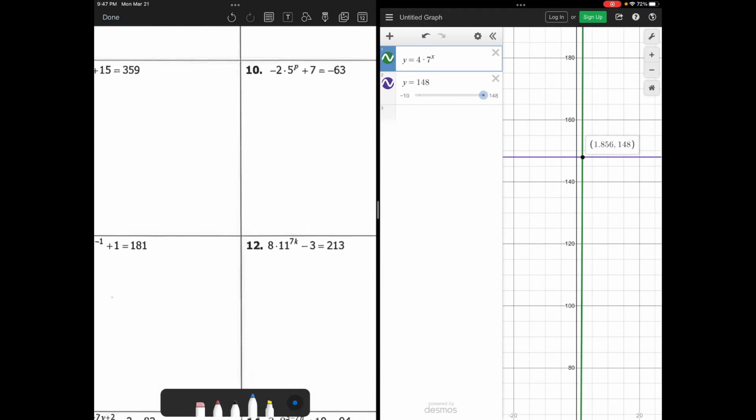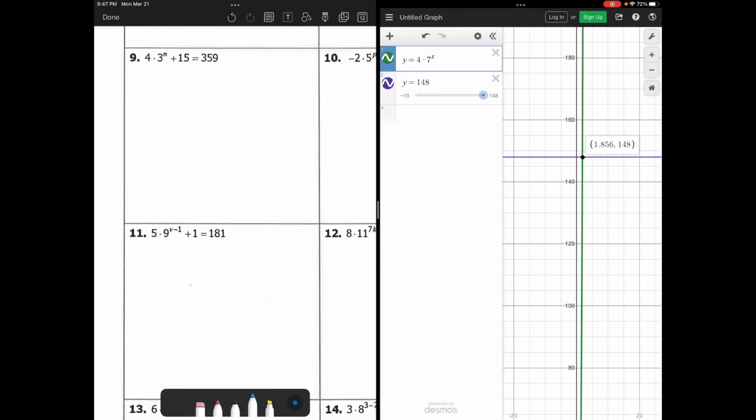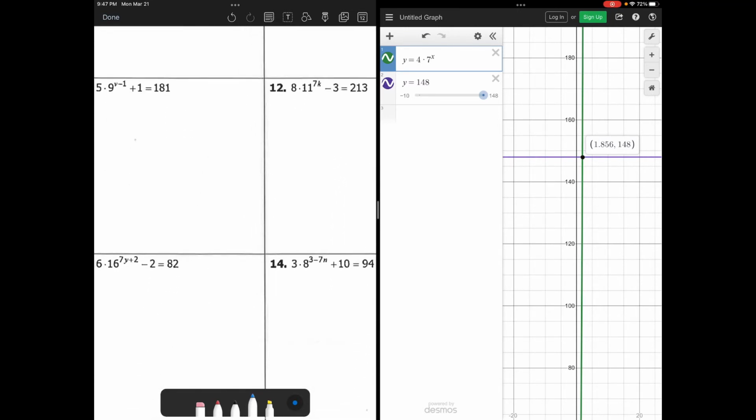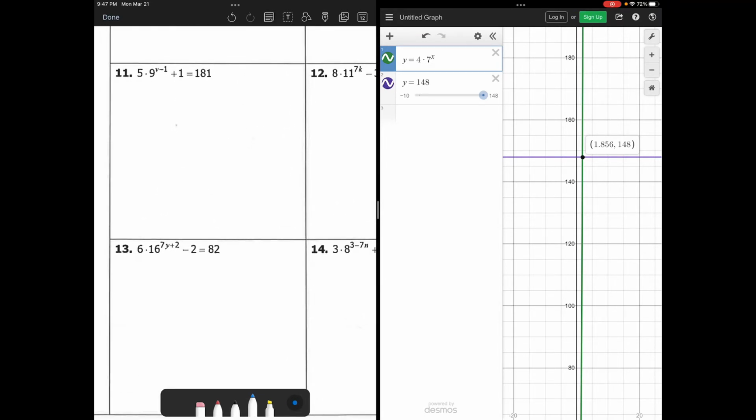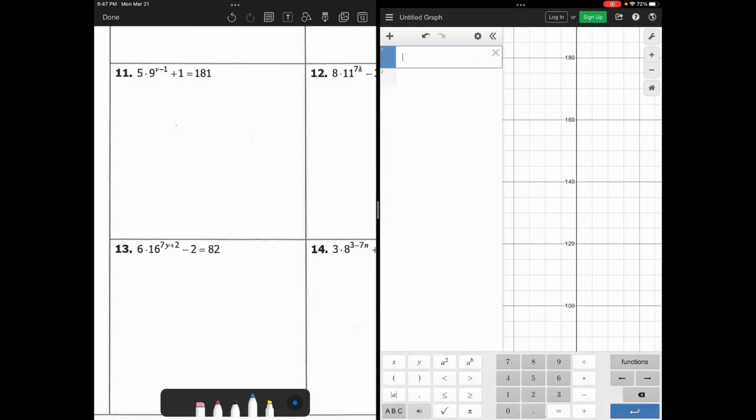I'm going to do one more. See if we have one where you have an exponent on both sides. We don't, but it's okay. So let's do 13 because there's a lot going on in 13. We're going to start by putting in our equation. On the left side, we put this in y1.